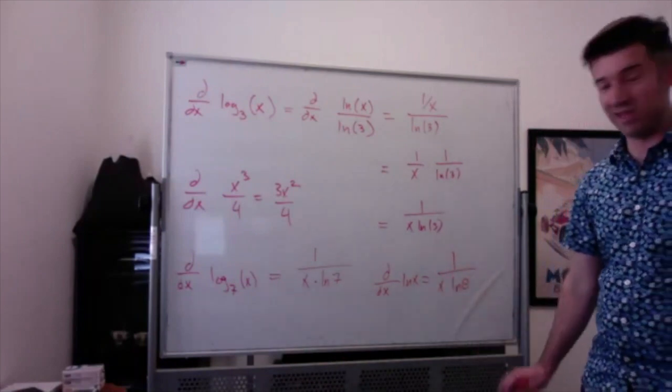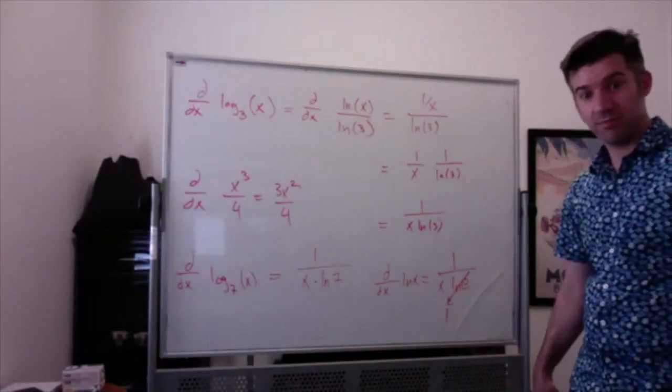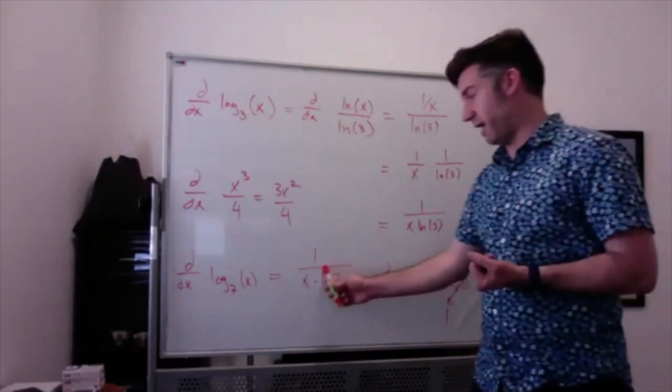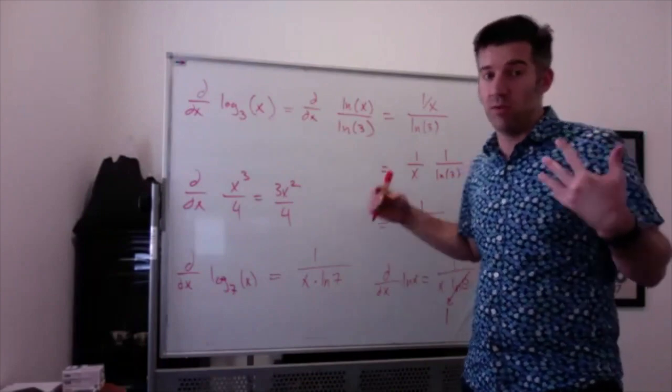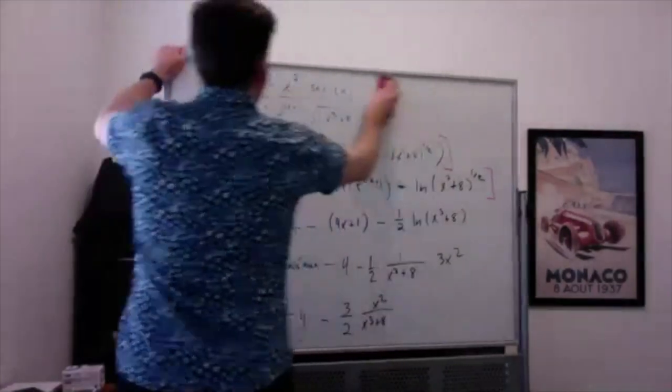But the natural log of e is just 1. So you just get 1 over x. So when your base is something other than e, you're going to have an extra factor of dividing by the natural log of that base. And it's also true for the chain rule versions of these questions.